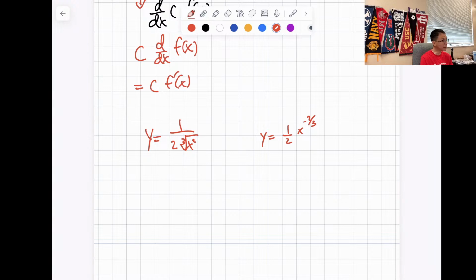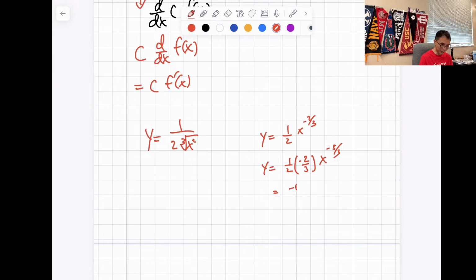Did you do that? That's just before I've taken a derivative. I rewrite it to the top. I'm going to take a derivative. That constant, just leave it in the front. Don't worry about it. Negative 2 thirds x to the negative what? 5 over 3.